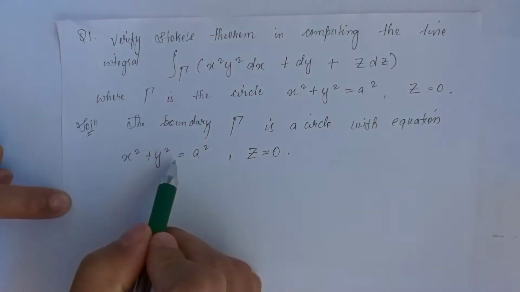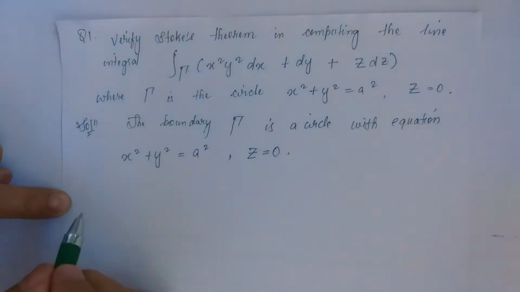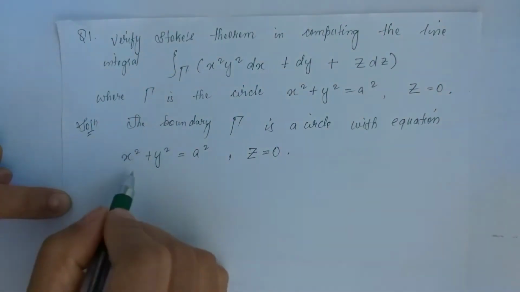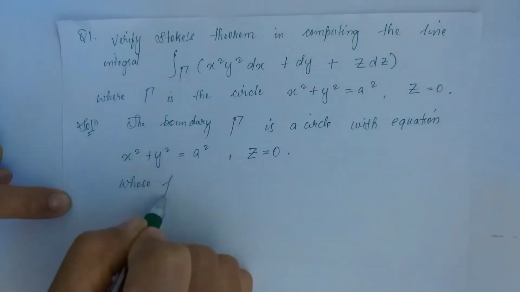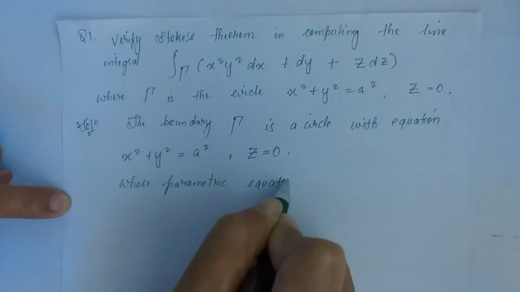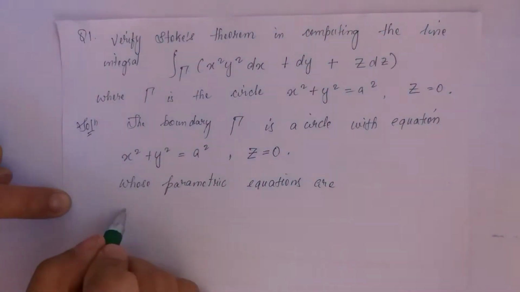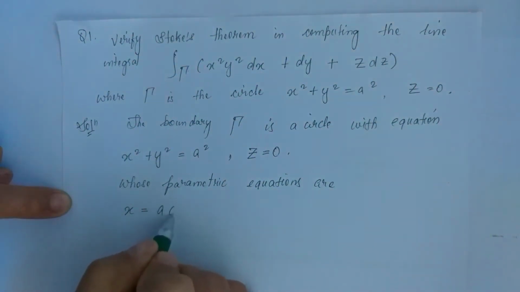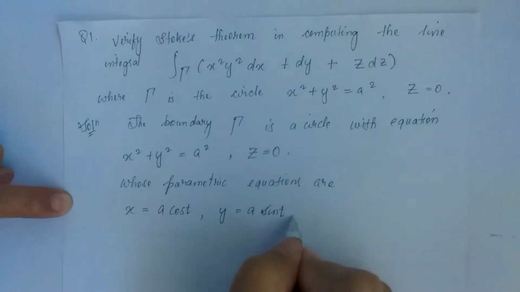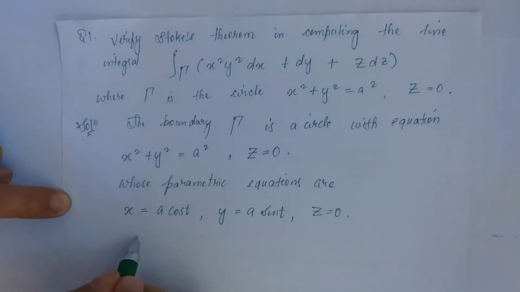Since this equation represents a circle, if we write the parametric equations of a circle in the xy plane, we have x equal to a cos t and y equal to a sin t and z equal to 0. t will vary from 0 to 2 pi.